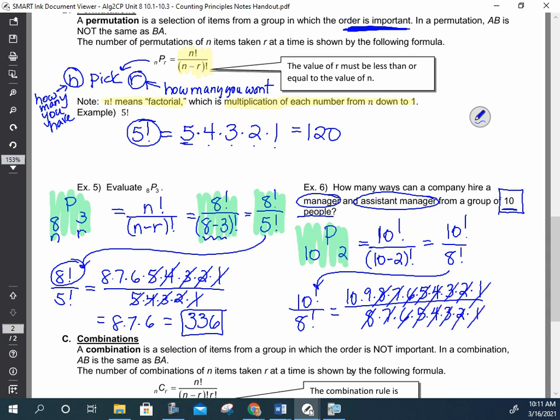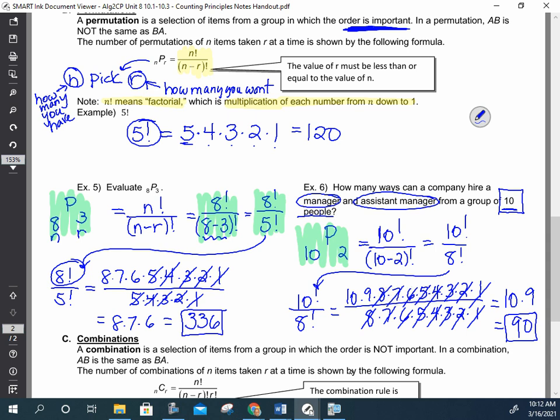You're going to get a lot of stuff to drop out. 10 times 9. If you did it the short way, you should have gotten 90. So we're all good in here.